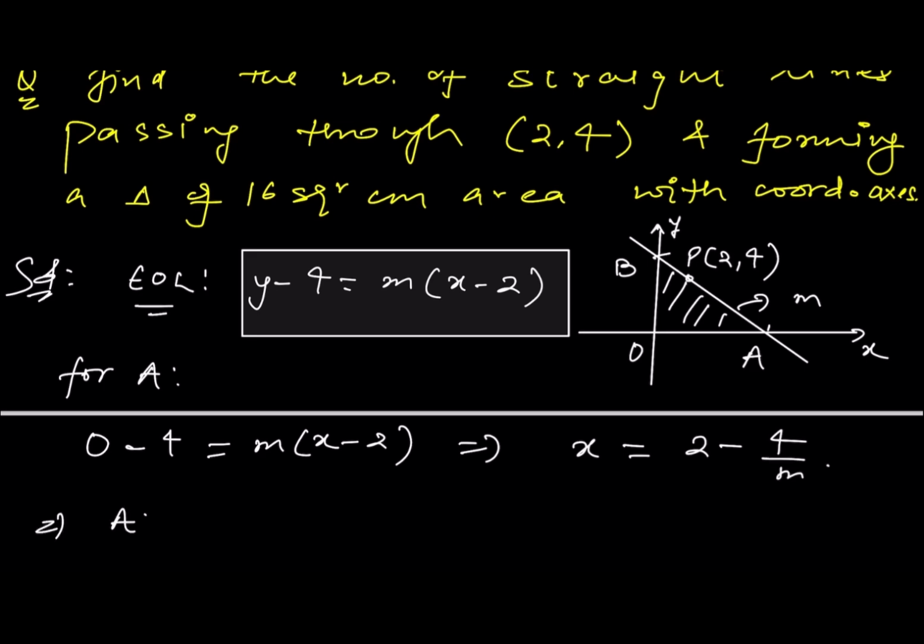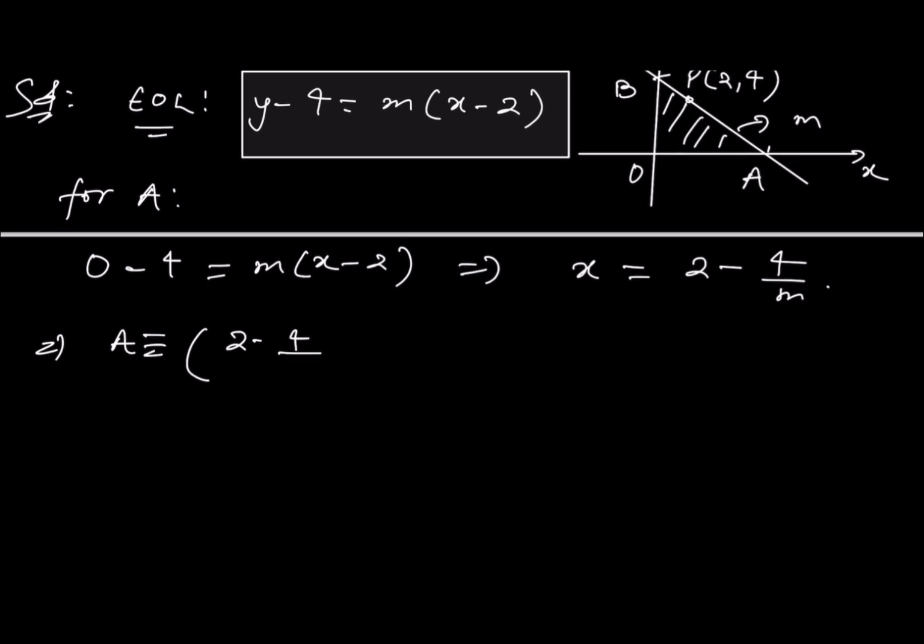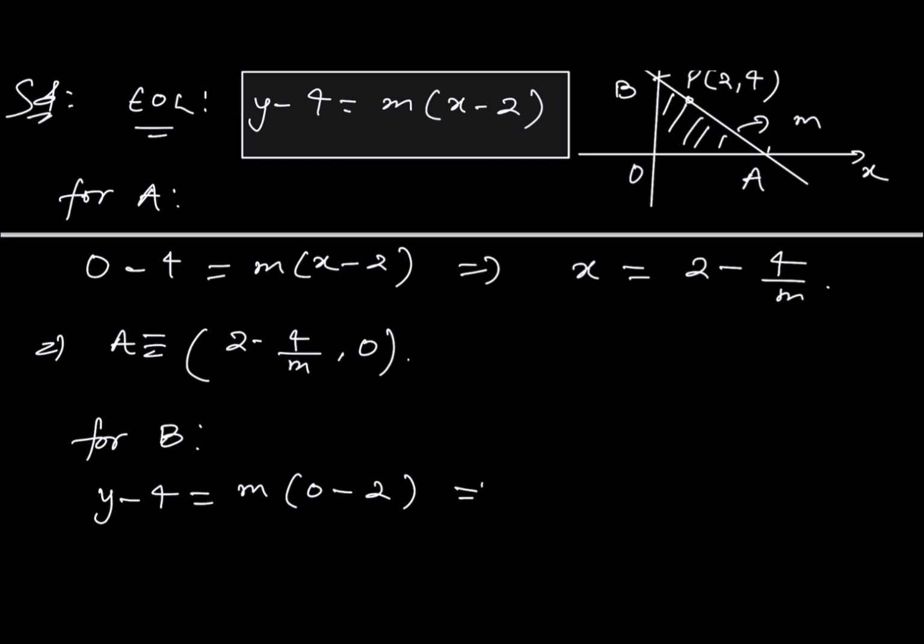So A is 2 minus 4 by m, comma 0. And for B, put x is equal to 0 in the above equation. So y minus 4 is equal to m times 0 minus 2. So y is equal to 4 minus 2m.